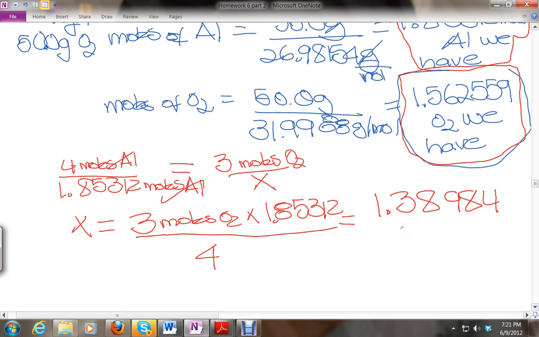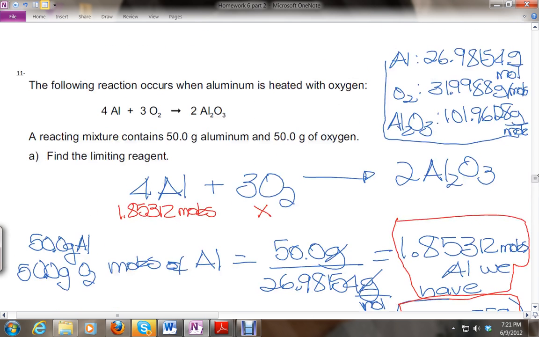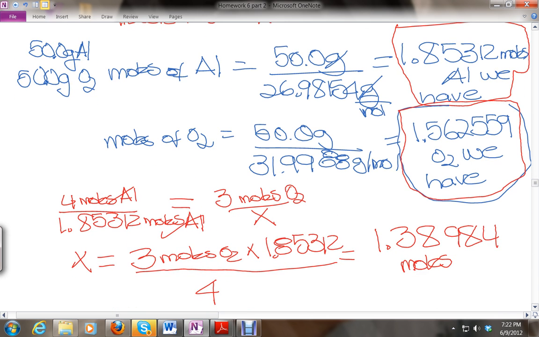So you don't get lost, what are you finding here? You're looking for the moles of oxygen that will react with the amount of aluminum you have. You are looking for the moles of oxygen you need. You need moles of O2.